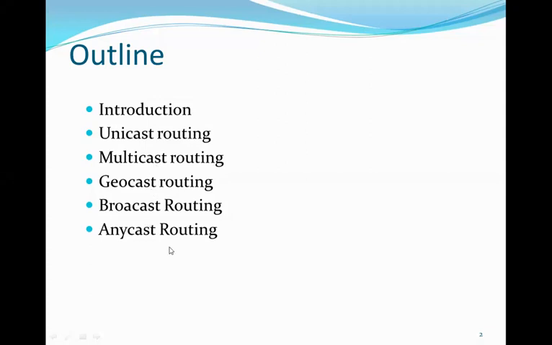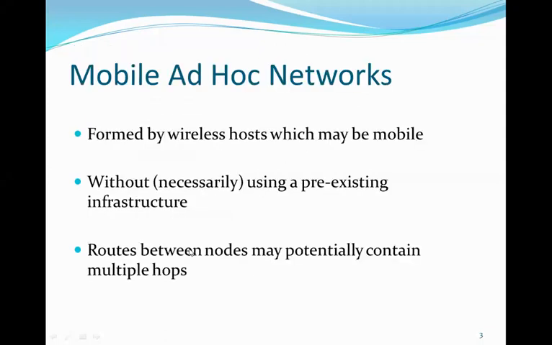So here the first important thing is how mobile nodes or mobile networks are different. Actually, there is one type of mobile ad hoc network, which is a network without any infrastructure. We had already discussed a little bit about it.